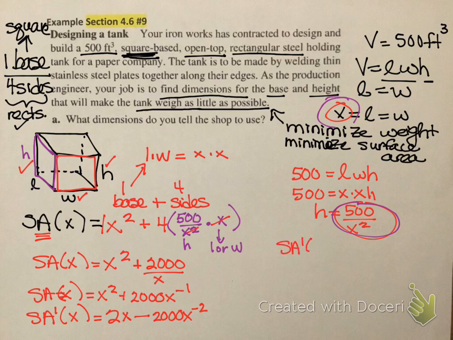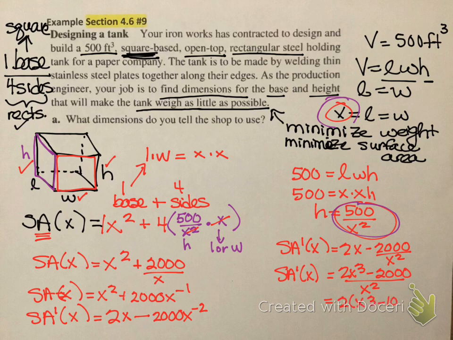So my surface area derivative would be 2x minus 2000 over x squared. Get a common denominator. This would be 2x cubed minus 2000 over x squared. I'm going to factor a 2 out of the numerator over x squared. And I need some more room, so I'm going to erase.